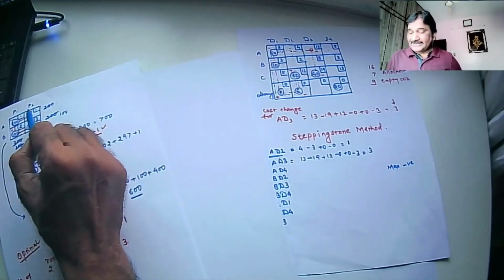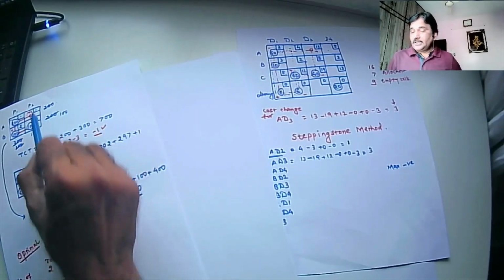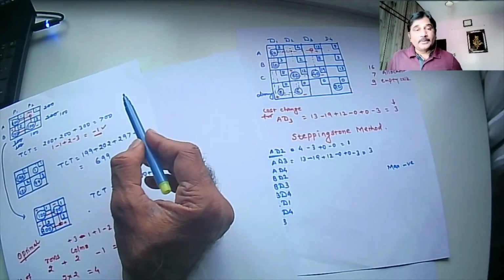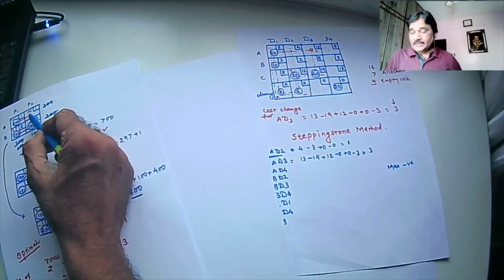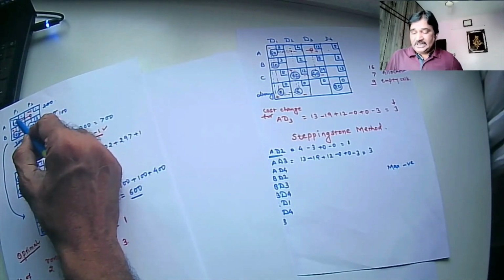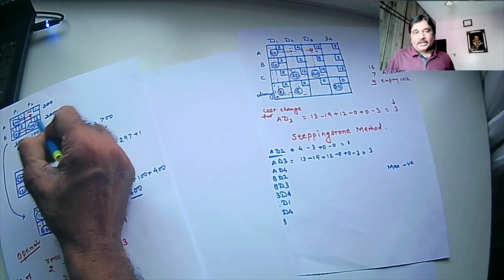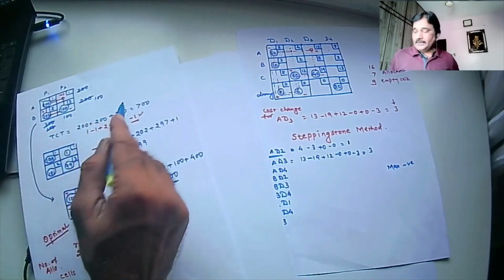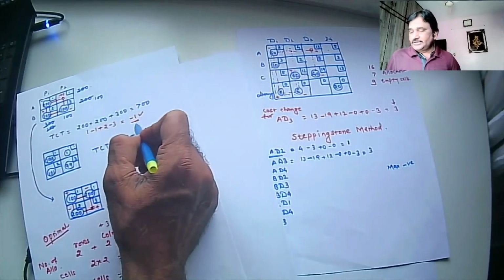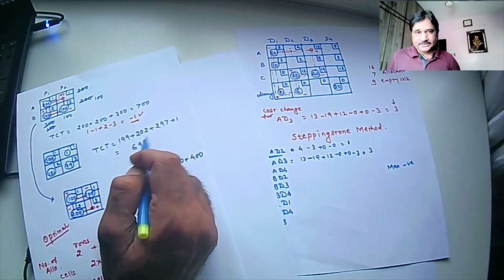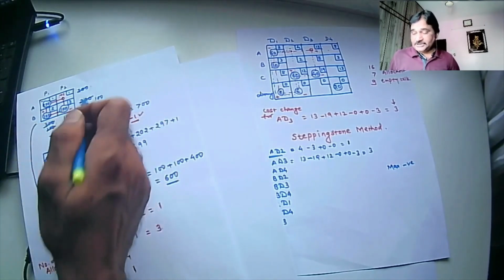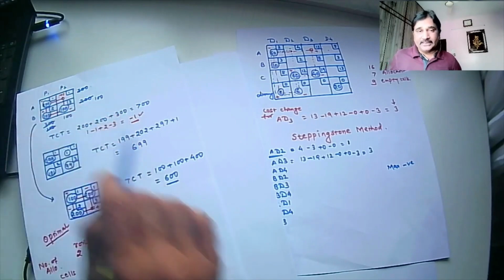For getting the saving potential of an empty cell, I have to form a loop, and then by taking the cost into consideration along with the sign attached to the corner points of the loop, I do certain computations and get the saving potential. Saving potential means the saving in transportation cost if I allocate 1 unit to that empty cell.